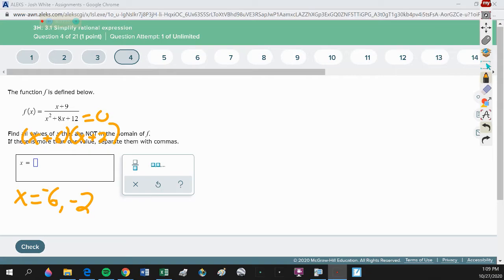Those are not allowed. Okay? Now, normally when we do these, we write x cannot equal, but Alex is asking the opposite question. It's not saying what does it equal, it wants to know what does it not equal. So the question has a negative in it, which means the equal to is part of our solution.